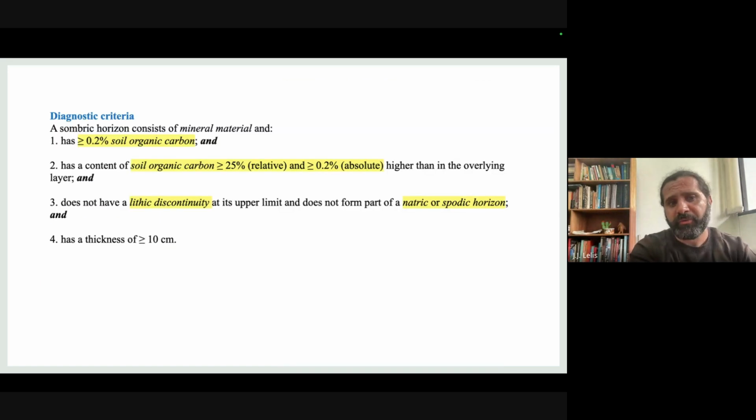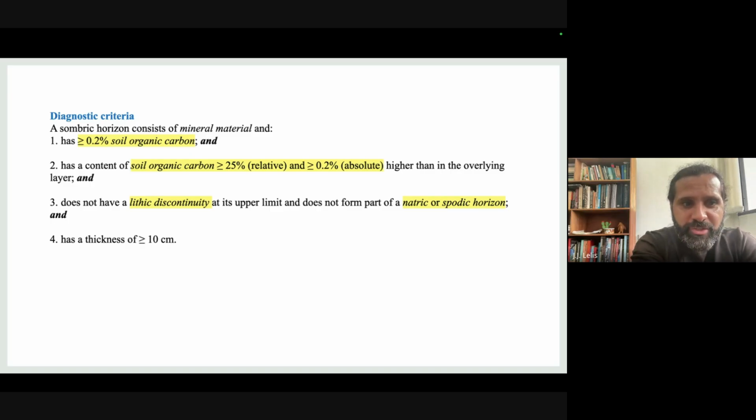The criteria for it, of course, could not be a lot because we still need more information. So a sunbreak horizon is a mineral material. So the organic carbon content should be below 20%, but should be equal or higher than 0.2%.